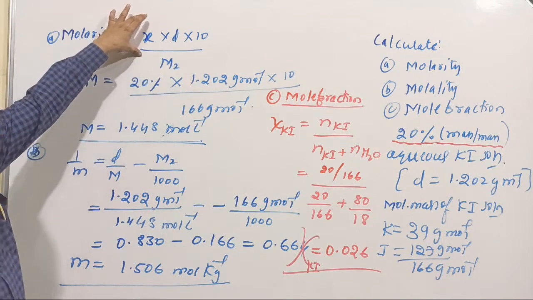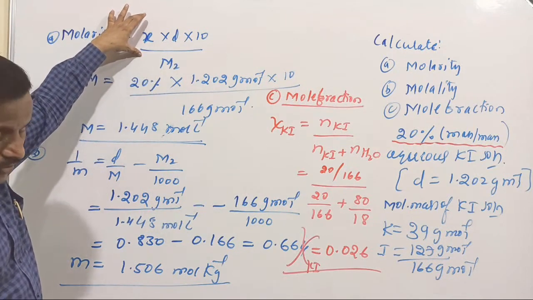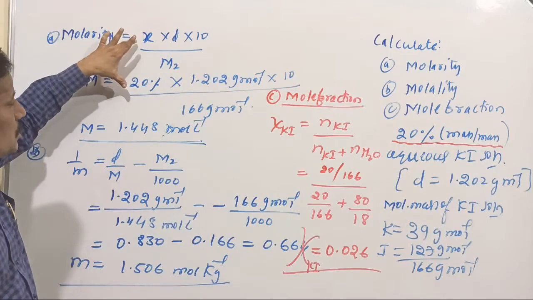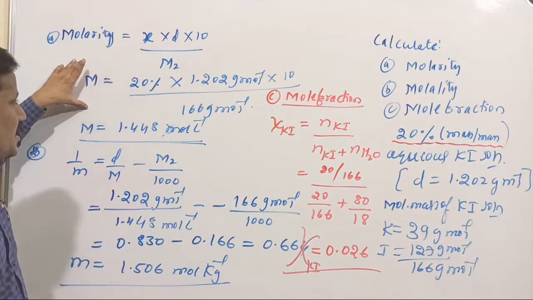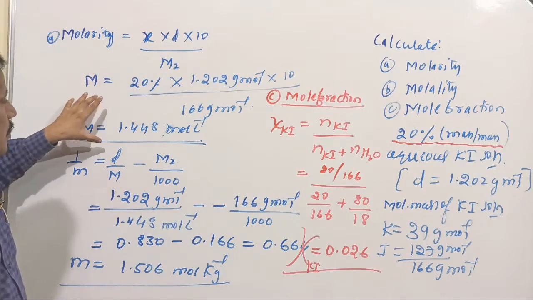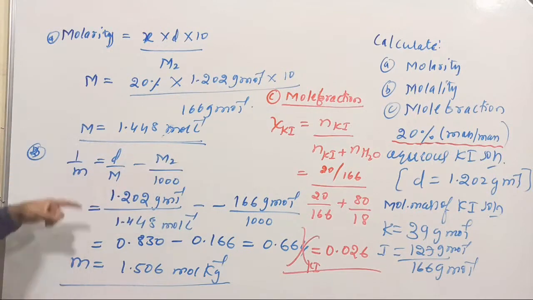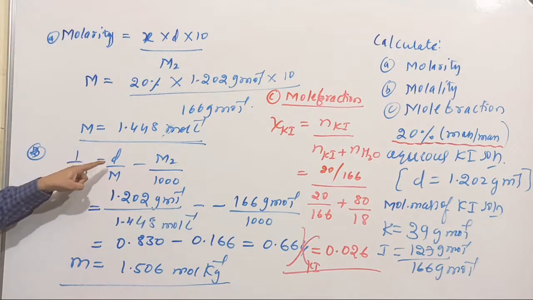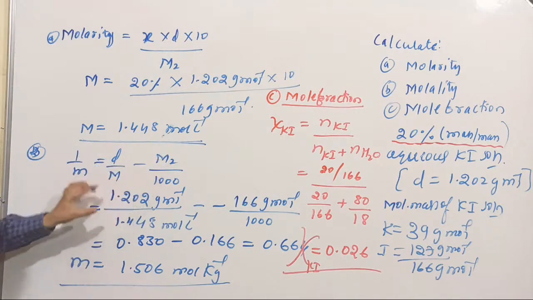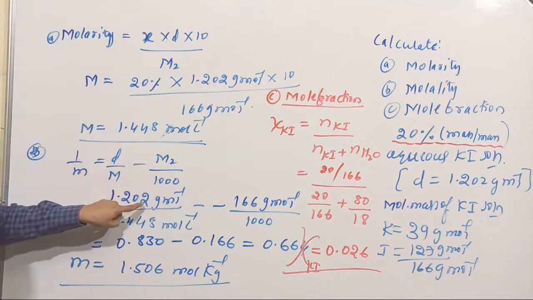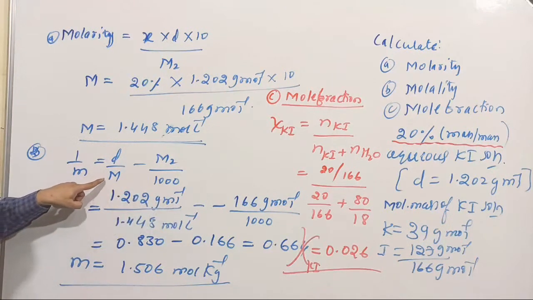Substitute the given data from the question into the expression, we will get this. M is equal to this. So molarity we are getting 1.448 mole per liter. Then second one, molality, calculating using this: d by M minus m2 by 1000. Density is given 1.202 gram per ml.